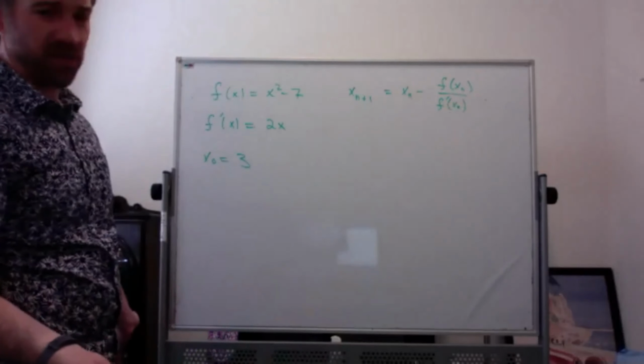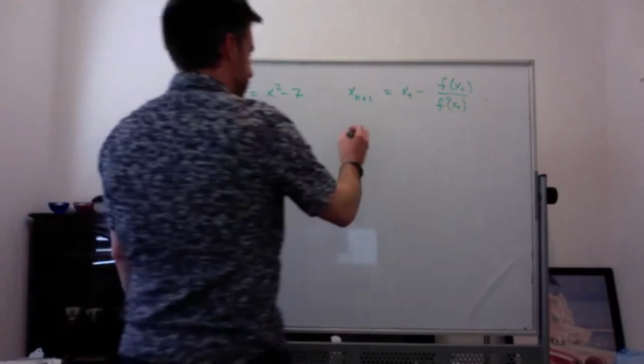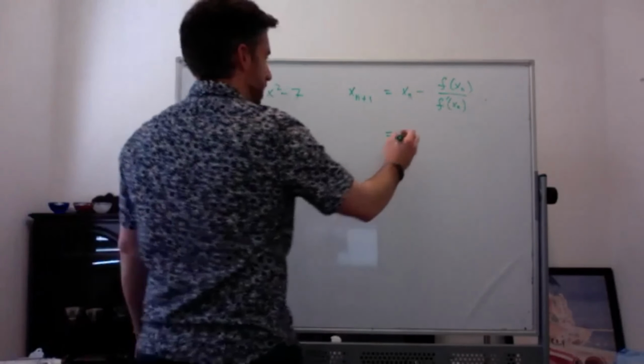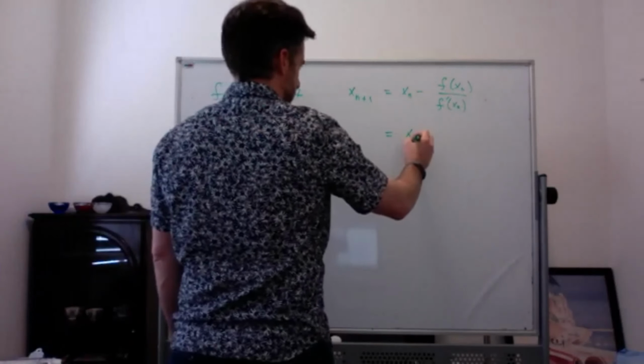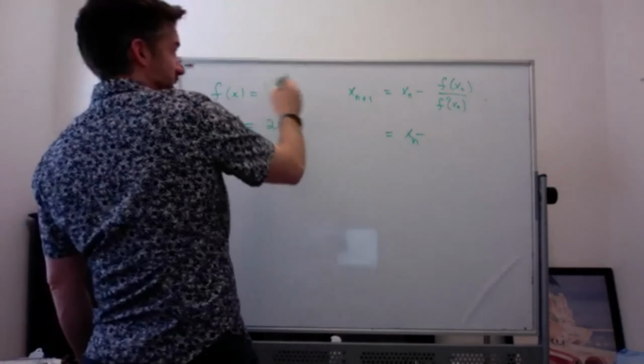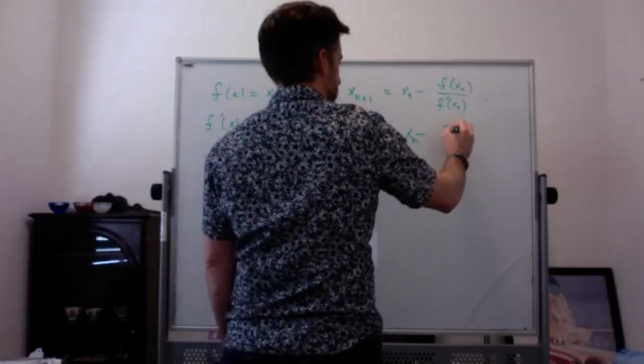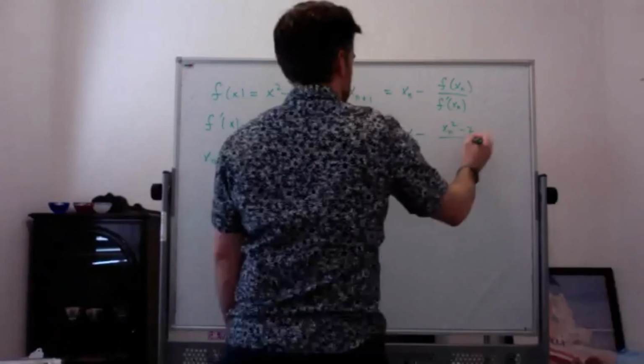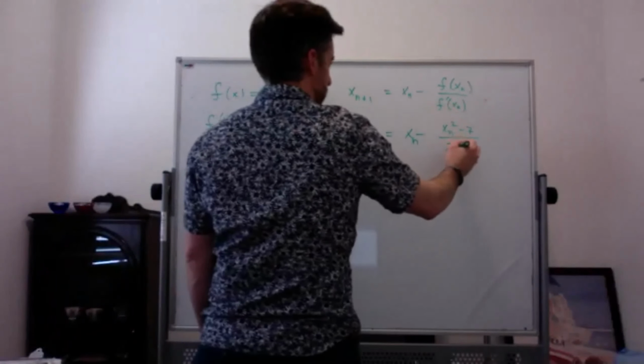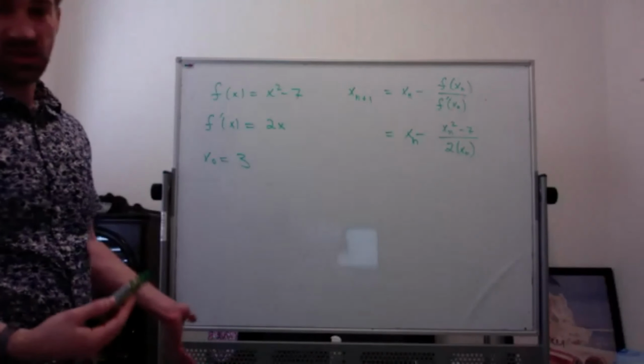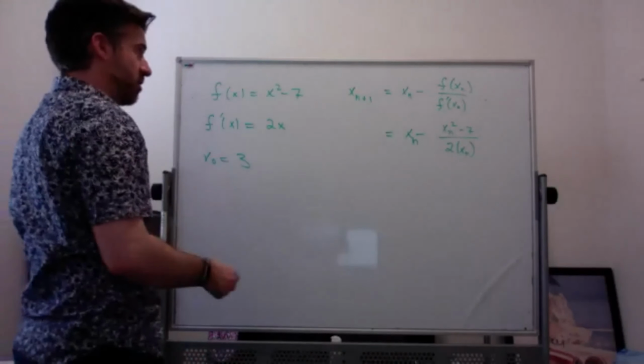Which you could totally write out the formula for, right? It's going to be x sub n minus x sub n squared minus 7 over 2 times x sub n. So then we're just going to start with x sub 0 equal to 3.